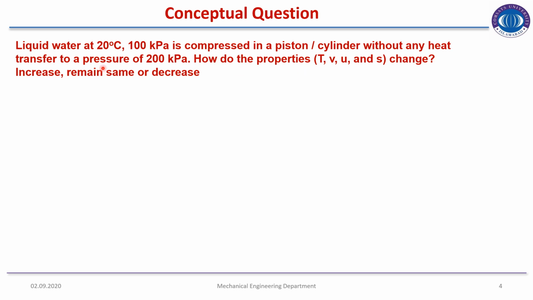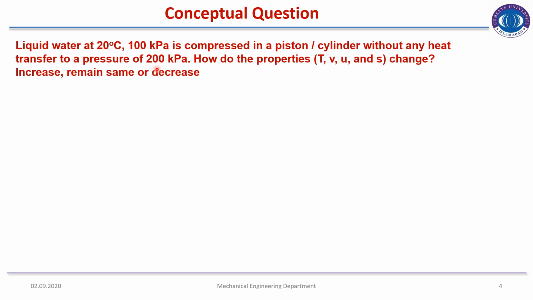So here we have a water. Initial temperature of water is given as 20 degrees centigrade. Initial pressure is 100 kilopascal and the piston is compressed. So the pressure is increased and volume is decreased. So pressure is increased up to 200 kilopascal.